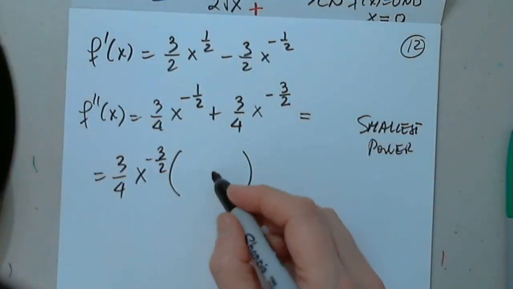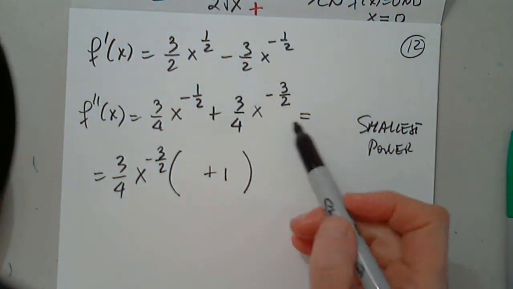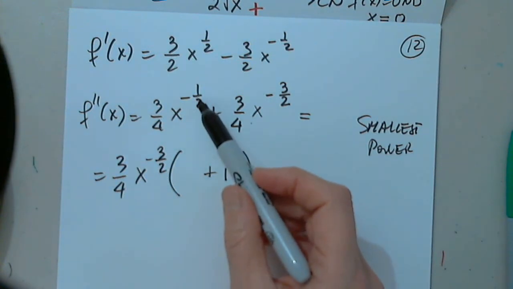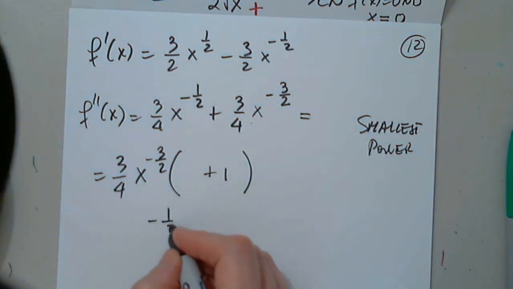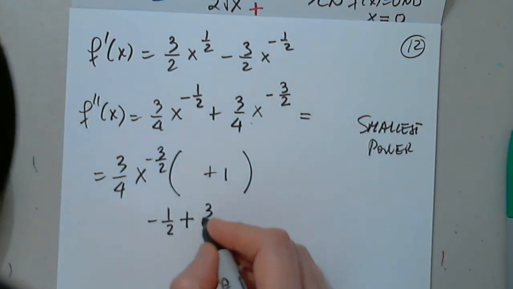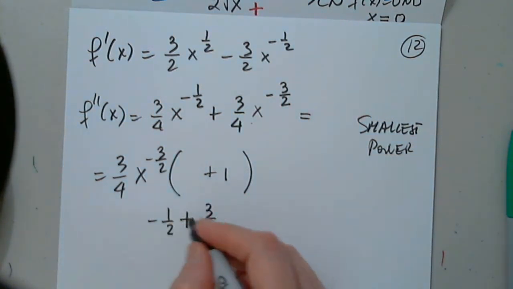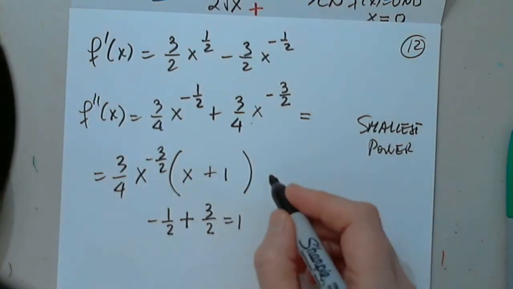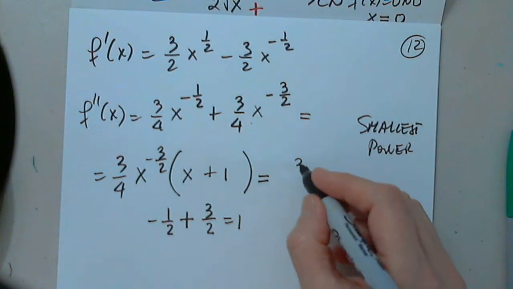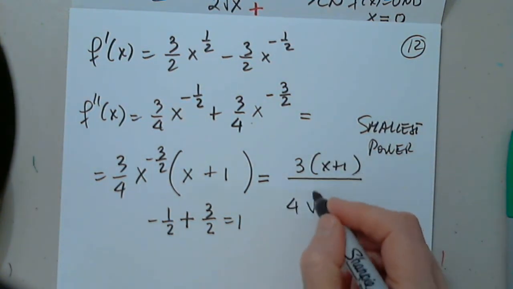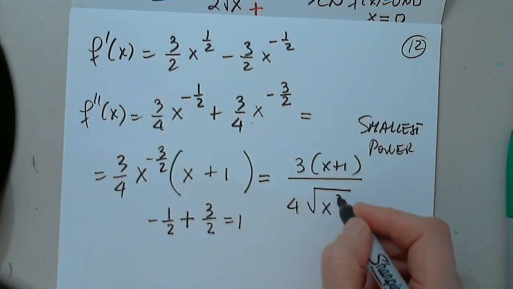So of course this will be positive 1 because it's out. But now here, from negative 1/2, I subtract negative 3/2. So 3 minus 2 is 2, 2 over 2 will be 1. So now I change this into 3 x plus 1 over 4 the square root of x cubed.